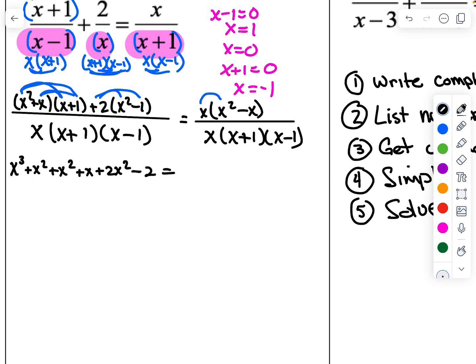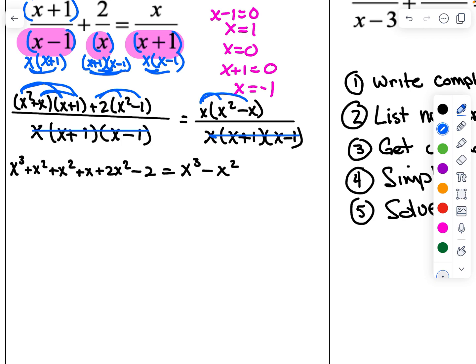X times x squared is x cubed. X times x is negative x squared. And the denominators cancel out.